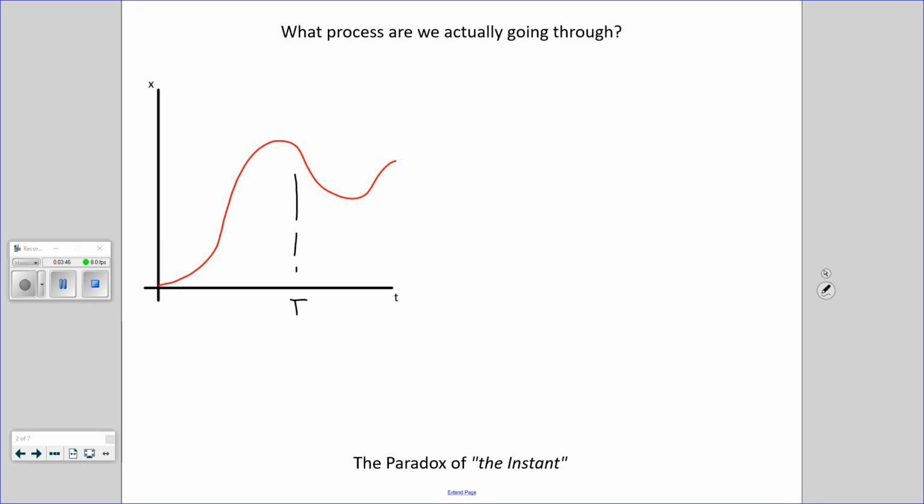What that means is that there is an average velocity that depends on its change in position and how long that change in position took. And that's really the definition of a slope, right? For this graph, the delta x is a change in y value, the delta t a change in x value.